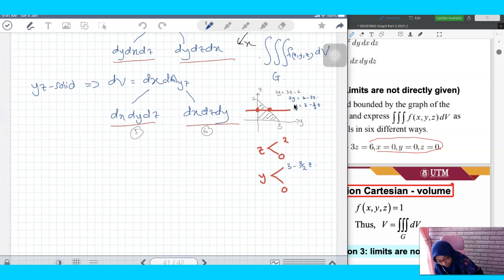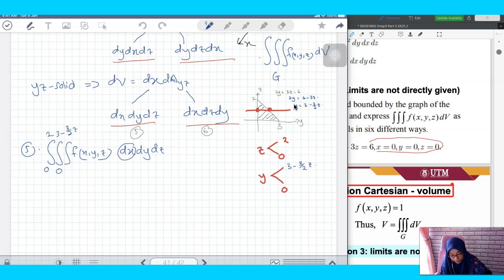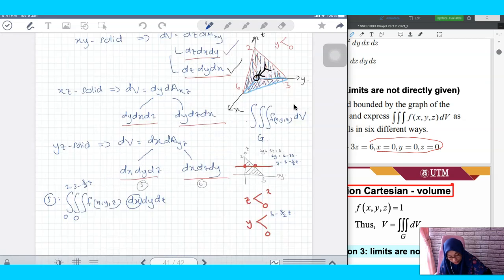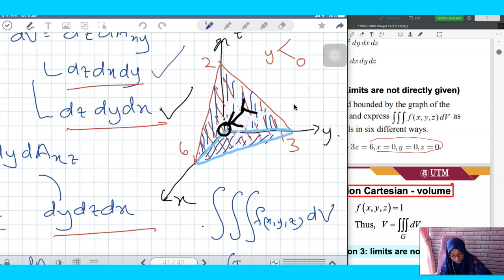Okay. So for number 5, our triple integral becomes f(x,y,z), and our dV is dx dy dz. Limit of z is 0 to 2. Limit of y is 0 to 3 minus 3 over 2 z. And how about the limit of x? To get the limit of x, you have to look at your solid here. Who is your lower bound?